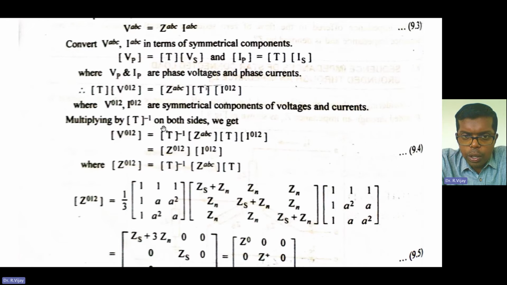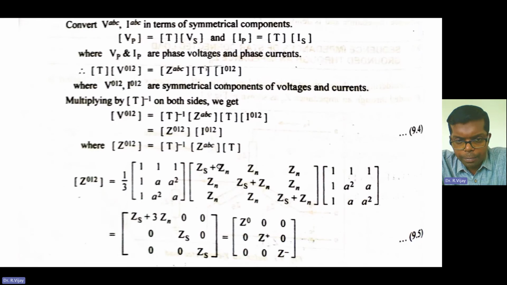What we are doing is taking T inverse ZABC into T as Z012. So Z012 is equal to T inverse of ZABC into T. So we are converting these ABC components into zero, positive and negative sequence components.